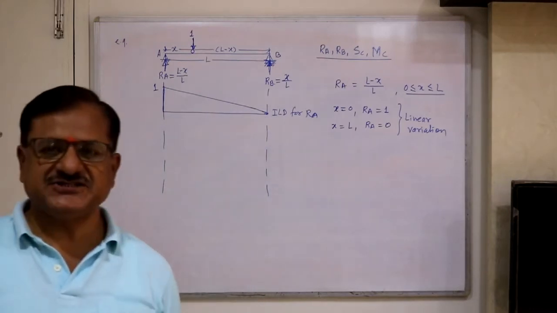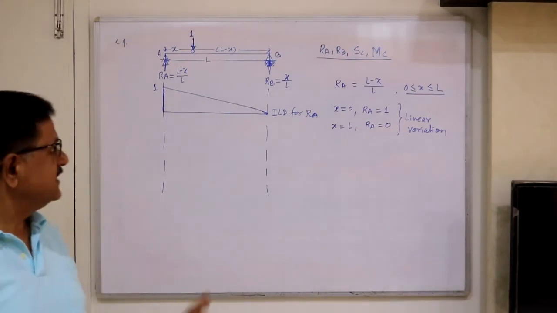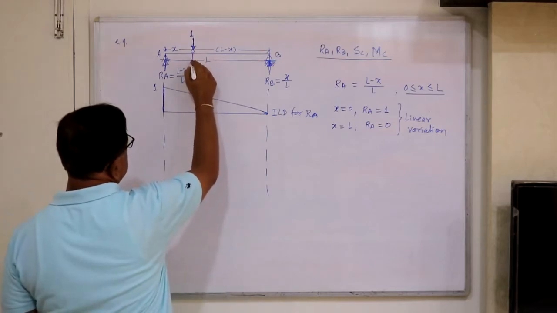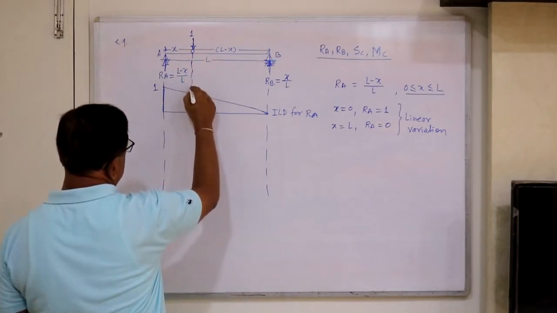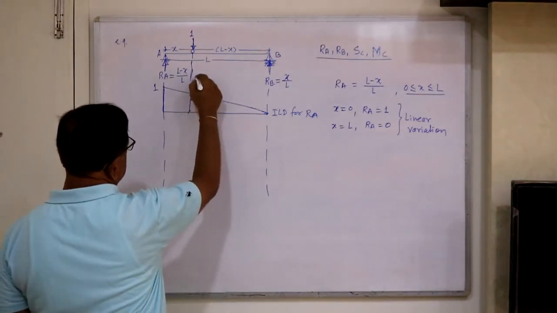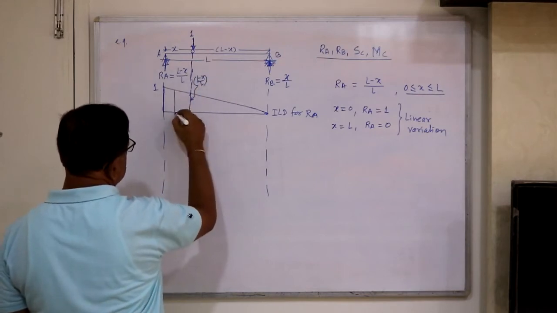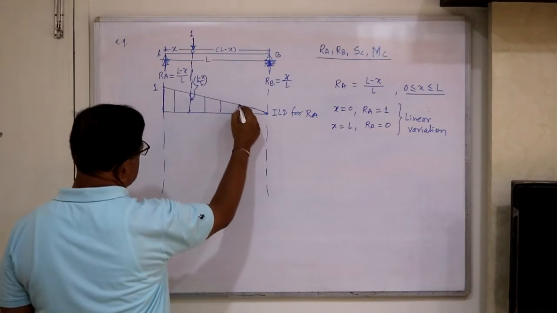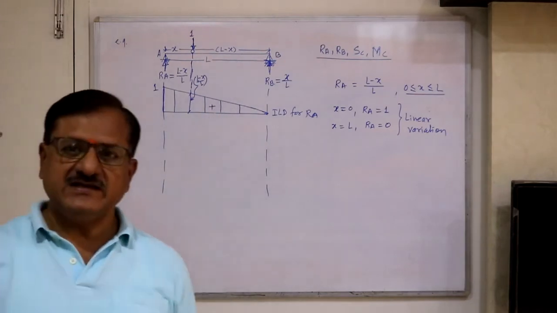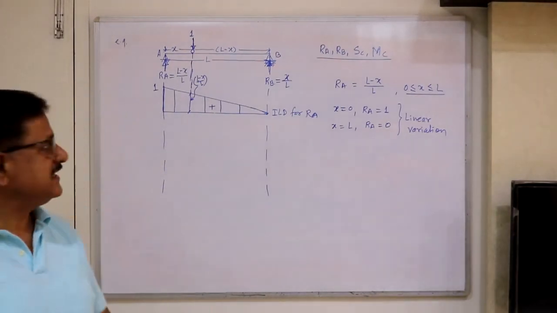Now this variation of RA along the length of the beam is called the influence line diagram. So this is the ILD for RA, that's all. Now exactly below the load, what is the ordinate? This ordinate is nothing but (L minus X) upon L. And each and every ordinate of this ILD represents reaction RA when the unit load is placed at that point.